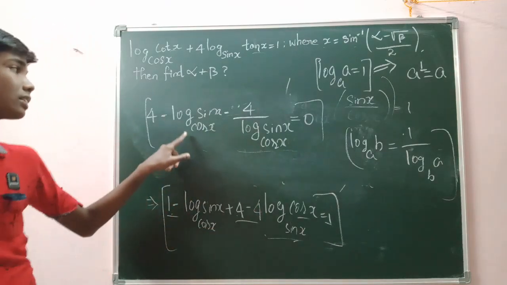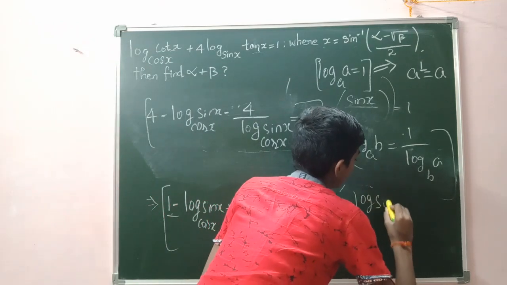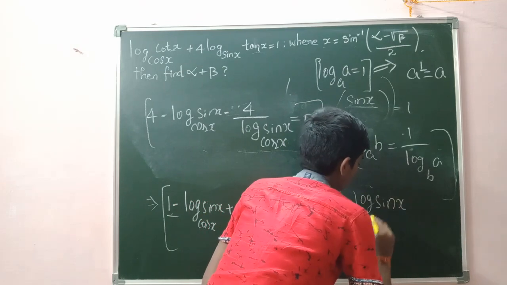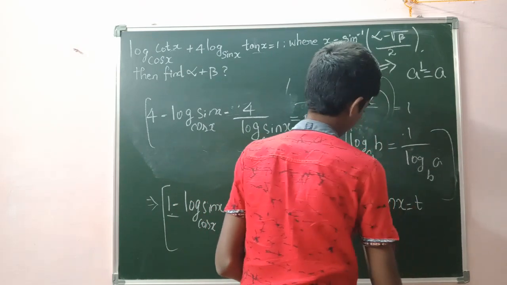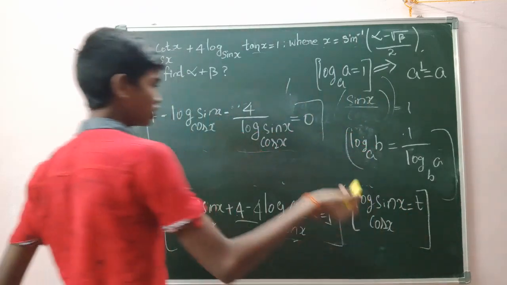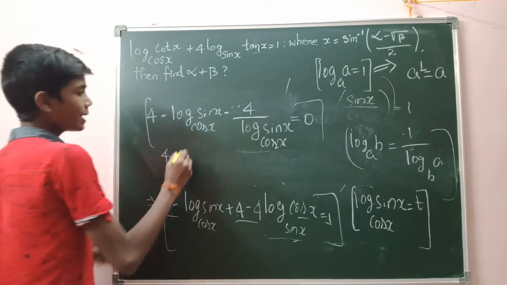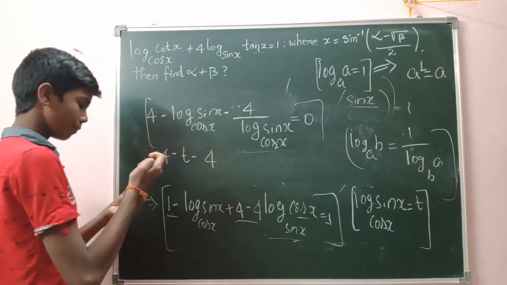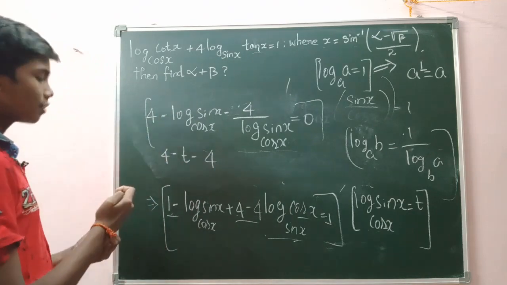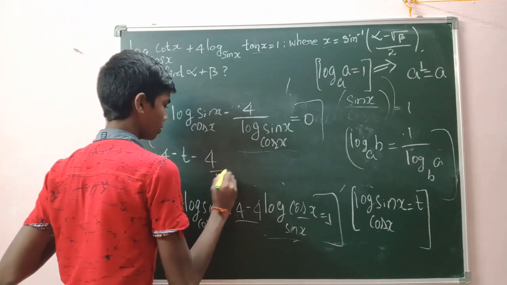Therefore, I take this particular log, that is log of sin x to the base cos x, as t. Correct? So when I take this logarithmic function as t, I get this expression as 4 minus t minus 4 by t, which is equal to 0.